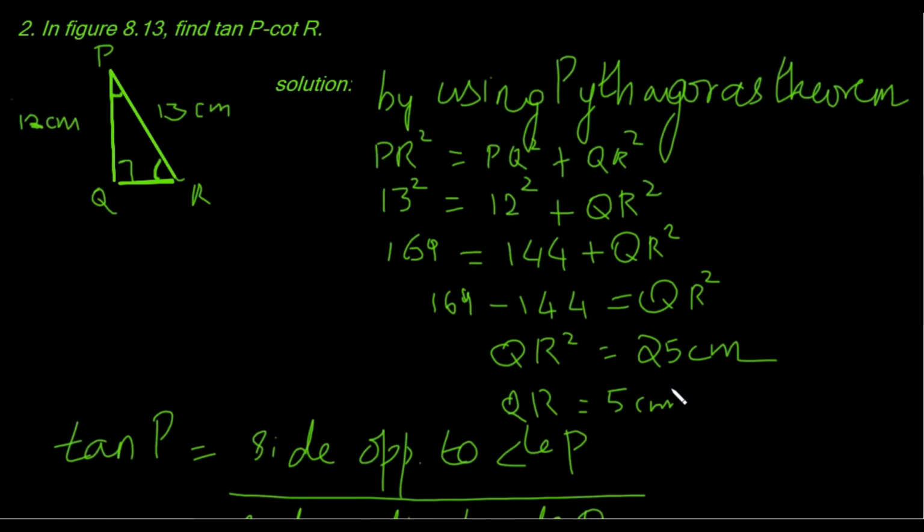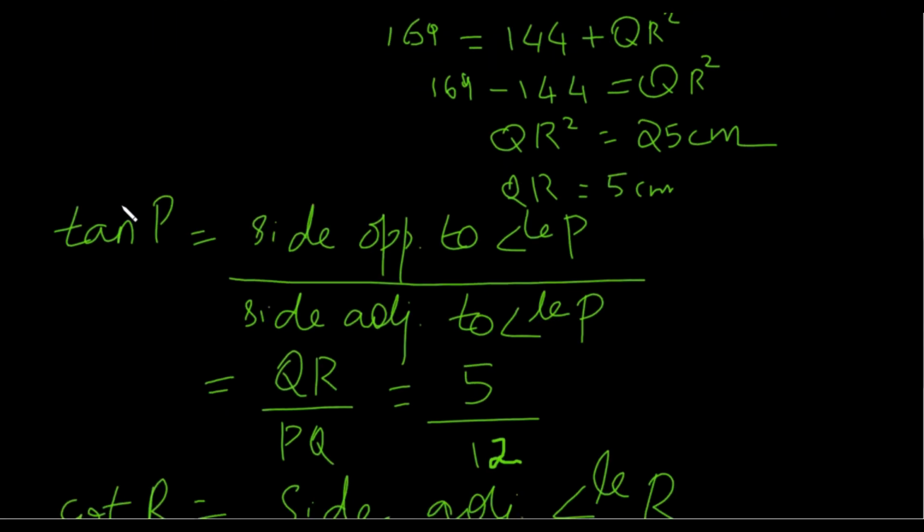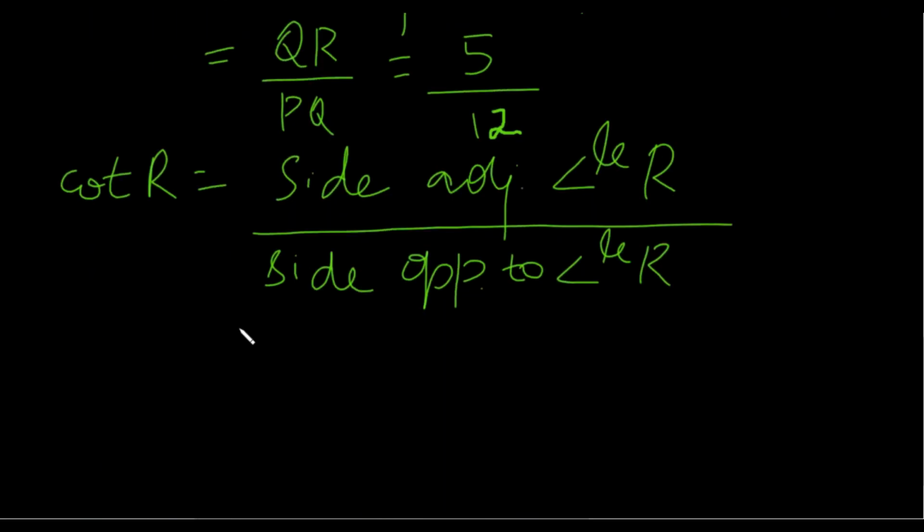The side adjacent to angle R is QR and the side opposite to angle R is PQ, which is 12 centimeters, and QR, as we have found, is 5 centimeters. So the adjacent side QR divided by the opposite side PQ is going to be equal to 5 divided by 12.